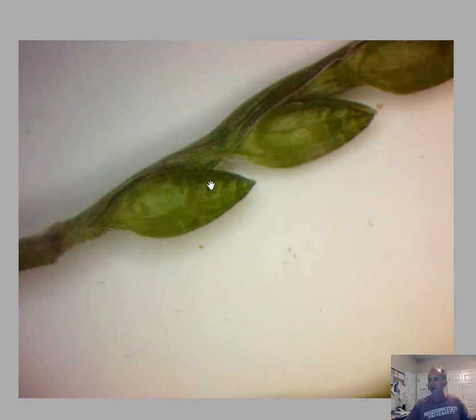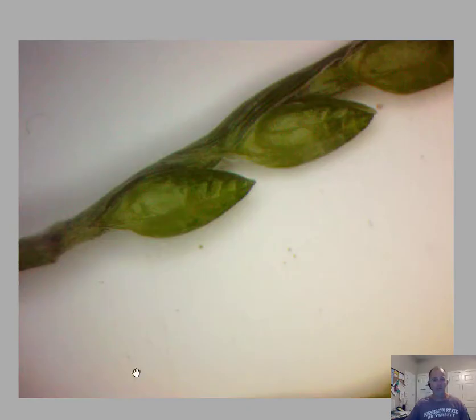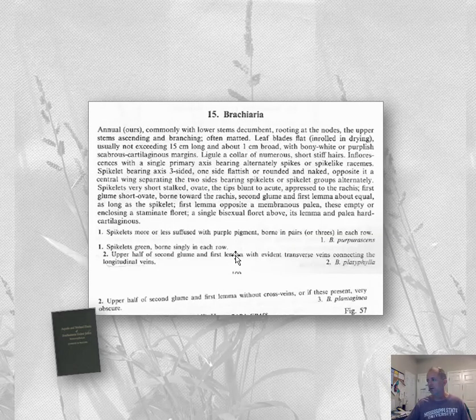But what we do have are transverse veins connecting these longitudinal veins on this. Upper half of the blah blah blah, and they are on the upper half. Okay, so they're up here, and then it's kind of smooth down at the bottom. Feeling much better about this, right? And evident transverse veins connecting the longitudinal veins, and that's going to suggest that it's Brachiora Platyphila.